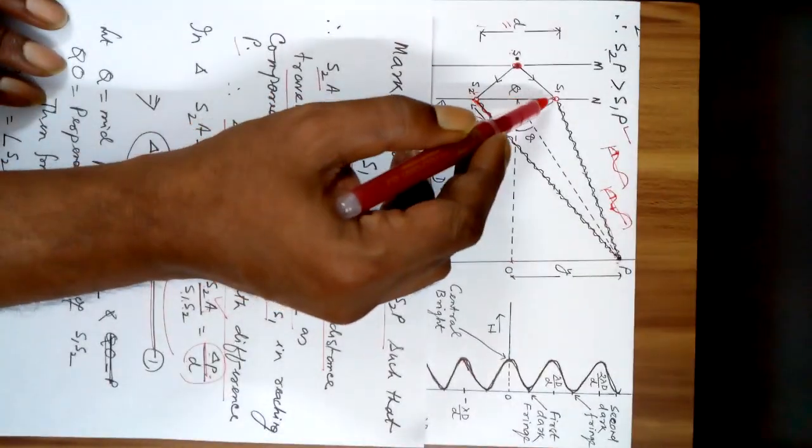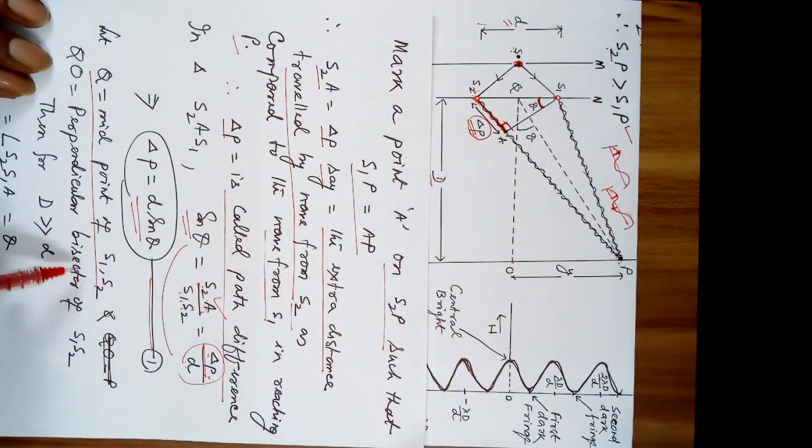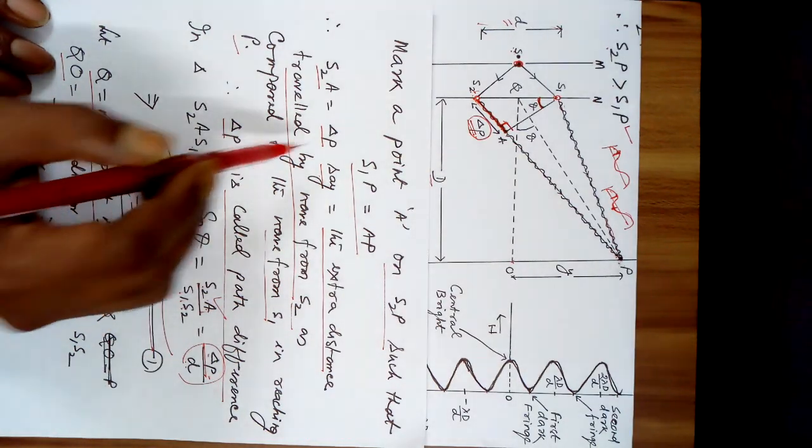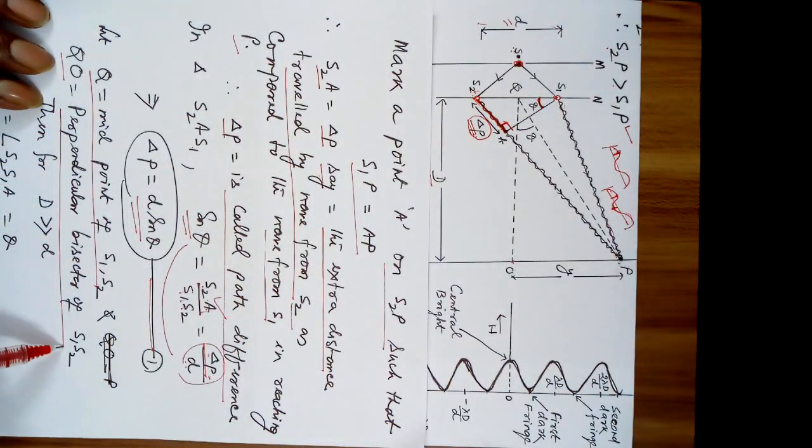Let Q be the midpoint of S1S2, and QO is the perpendicular bisector of S1S2.